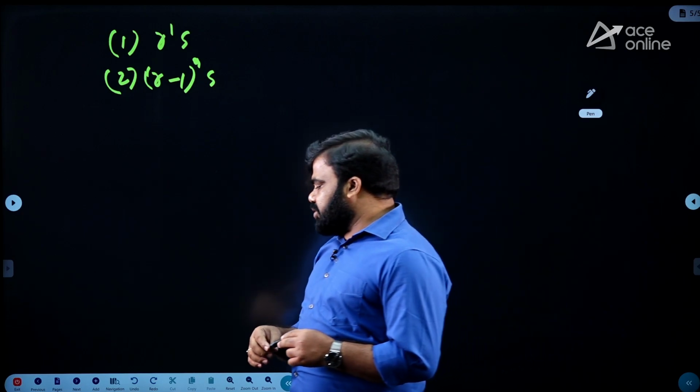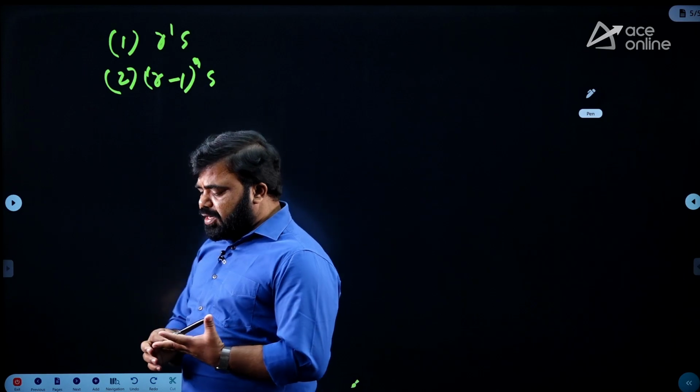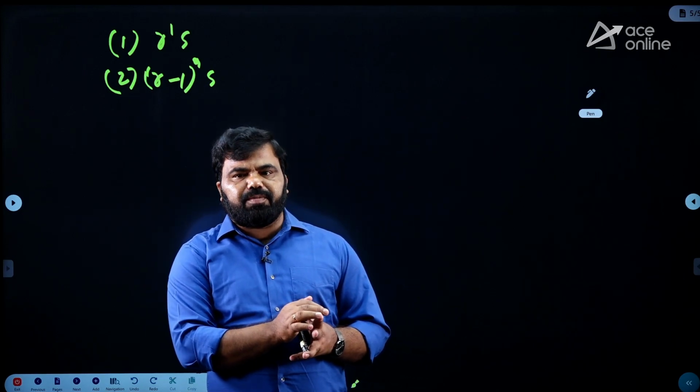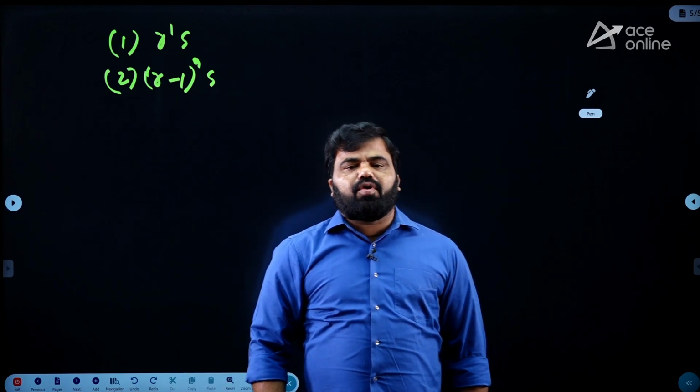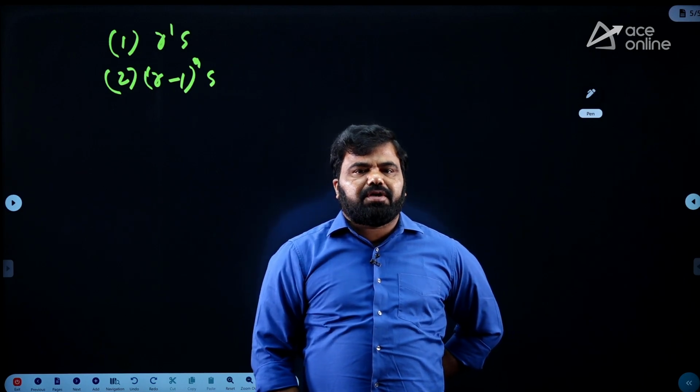Let me take simple examples, and after this we will address one more important thing about r's complements. Instead of depending on r minus 1's complements, we can directly get r's complements also. How can we get that?